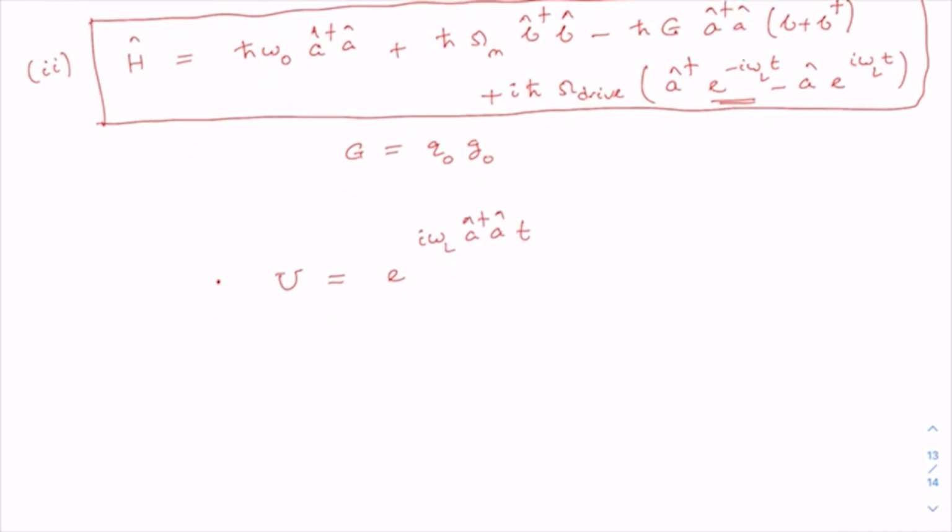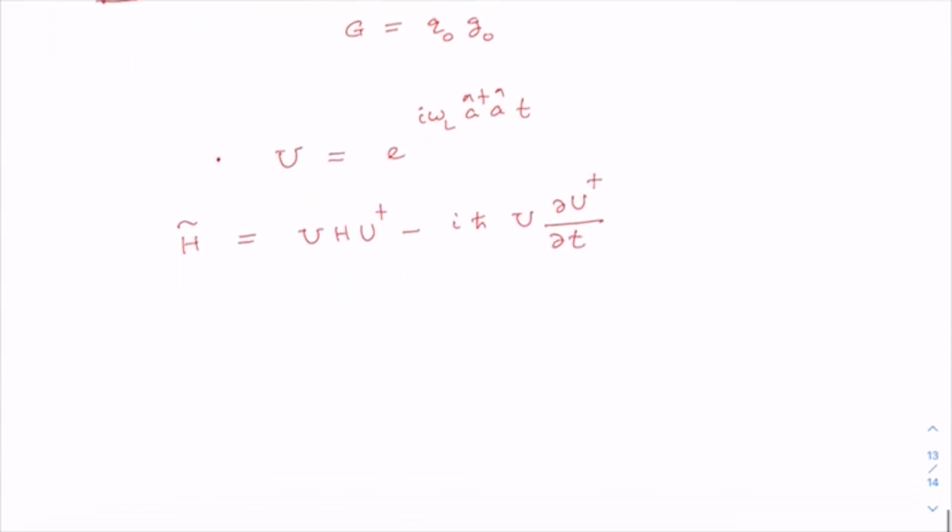If we do that, our Hamiltonian would get transformed into a new Hamiltonian, H tilde. It would be U H U dagger minus i h cross U dagger del t. We have done similar things earlier. So if you make this transformation, we will obtain H tilde is equal to minus h cross delta a dagger a plus p square by twice m plus half m omega m square q square.